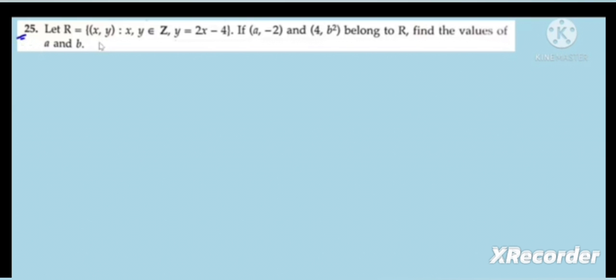Since the first element (a, minus 2) belongs to R, that will satisfy the condition of being in the relation. That means y, that is minus 2, is equal to 2 times x, that is 2 times a, minus 4.